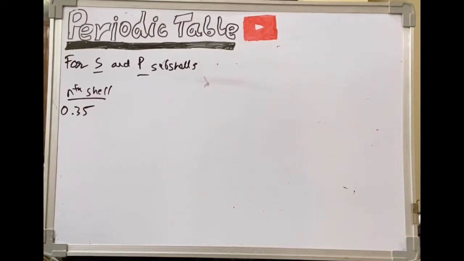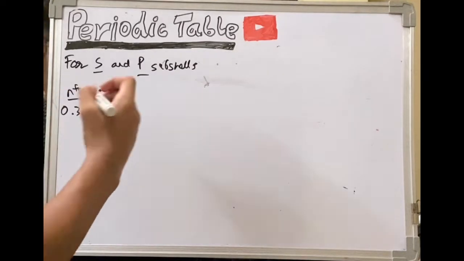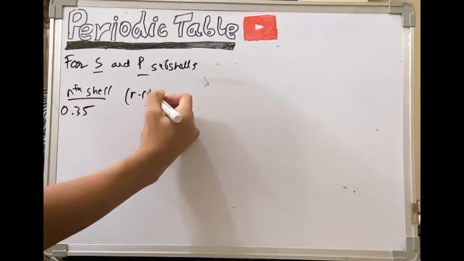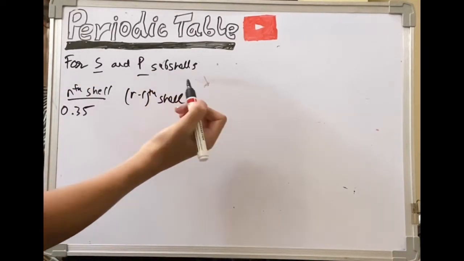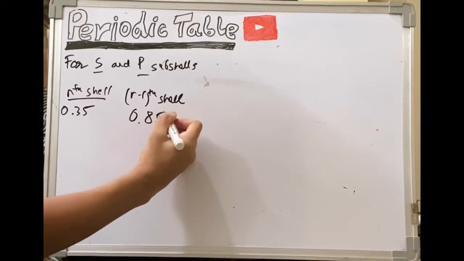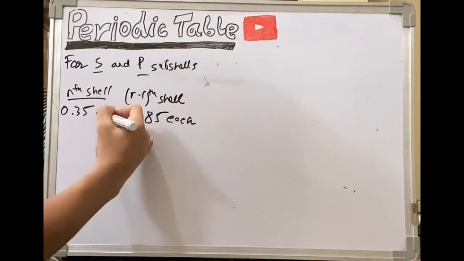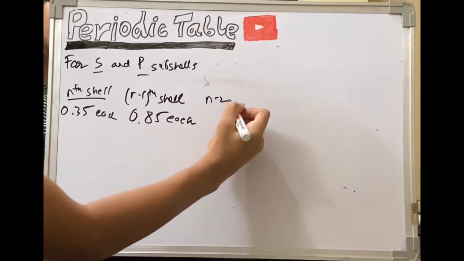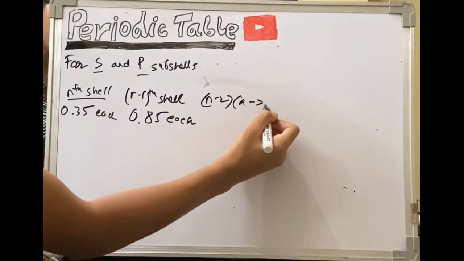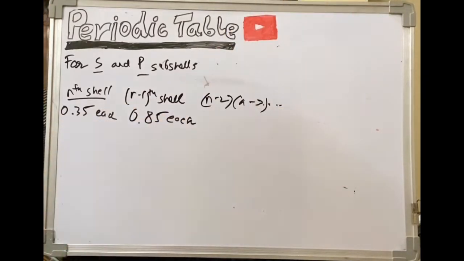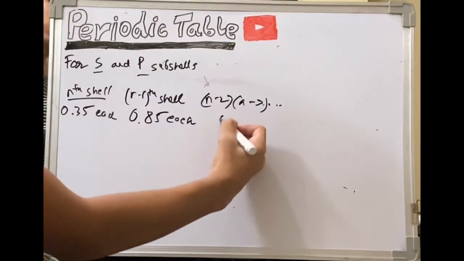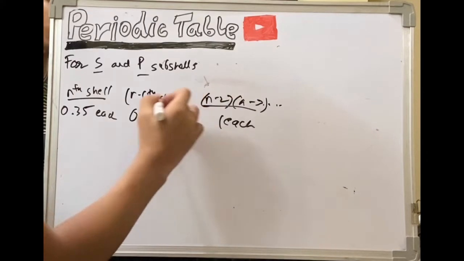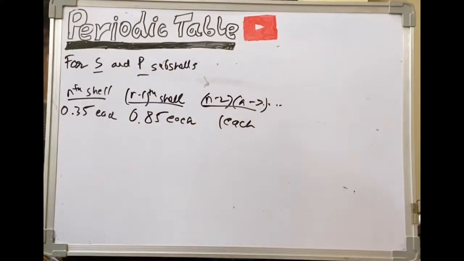Then in the n minus 1 shell, it will be 0.85 each. Now n minus 2, n minus 3, then this will be 1 each. So this is pretty easy to remember, right? This is pretty easy to remember.